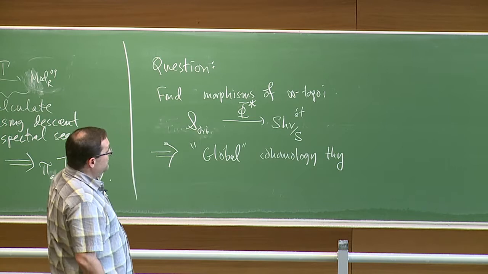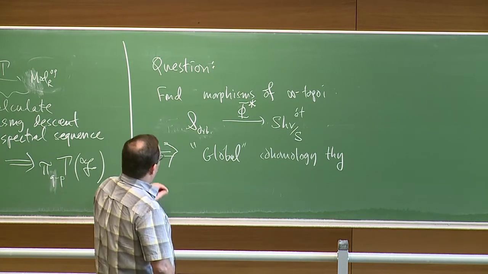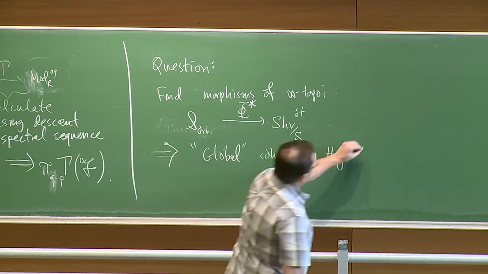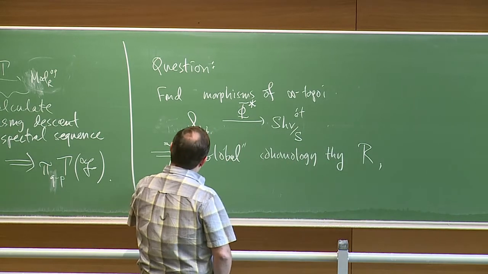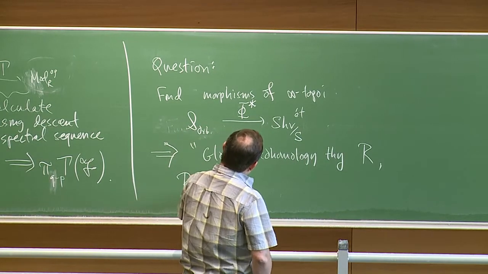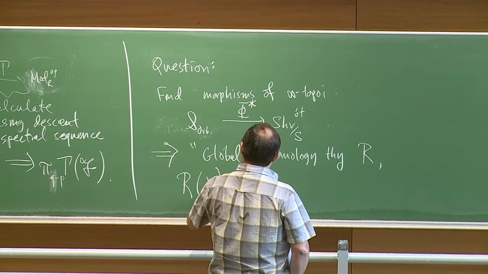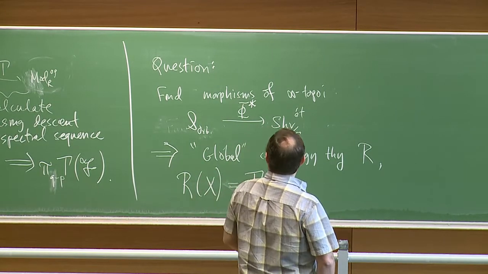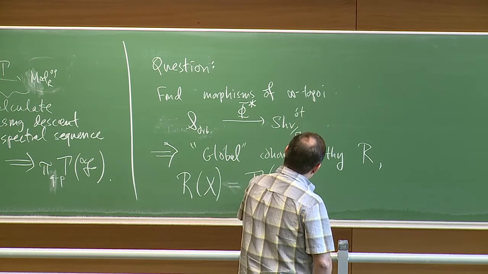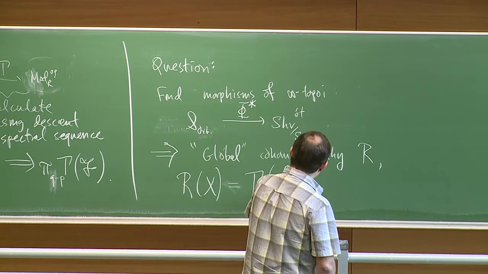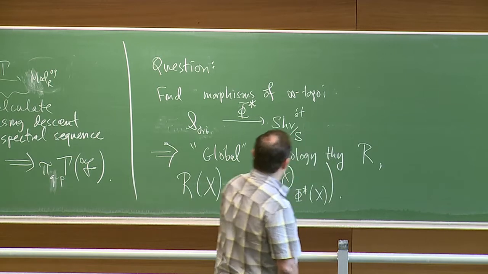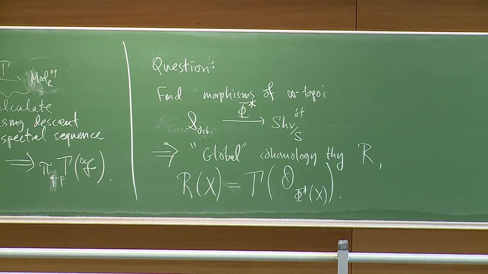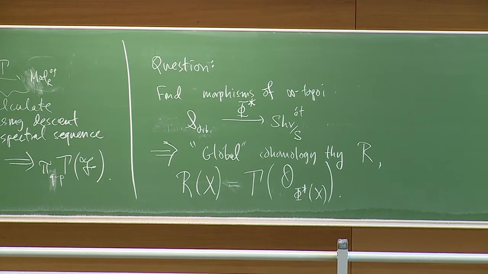It's just defined by, I'll call it R. R of x is the global sections of O of phi upper star of x. So the construction is highly functorial.